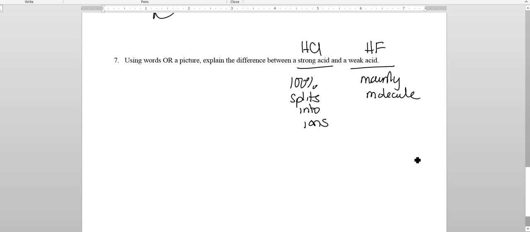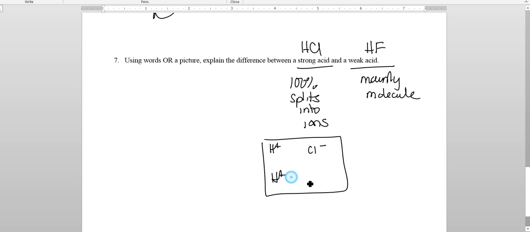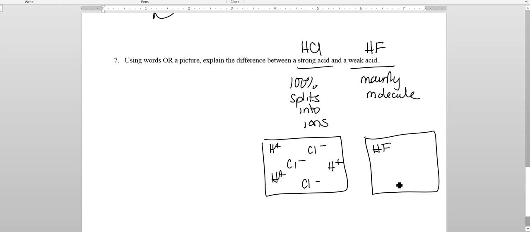If I had 4 molecules of HCl in a solution, all 4 of them would split up into H plus and Cl minus ions. So I might just draw 3 because I'm running out of room. Okay. If I had 3 molecules of HF, most of them would just stay as HF, but maybe one of the 3 would separate out.